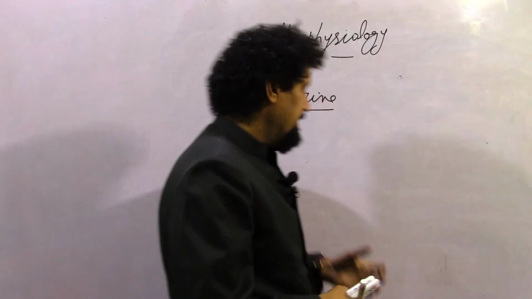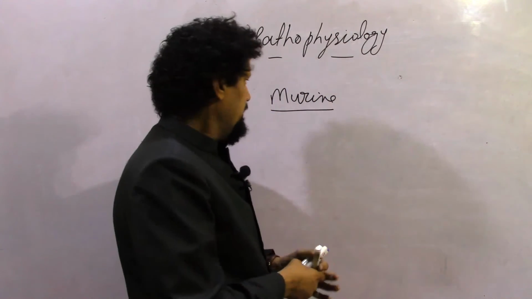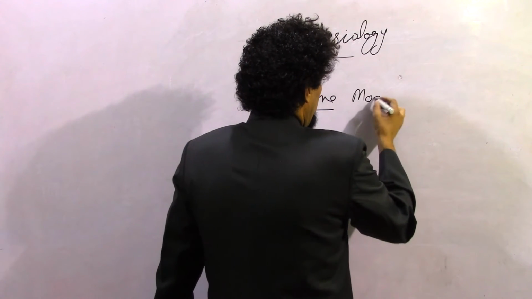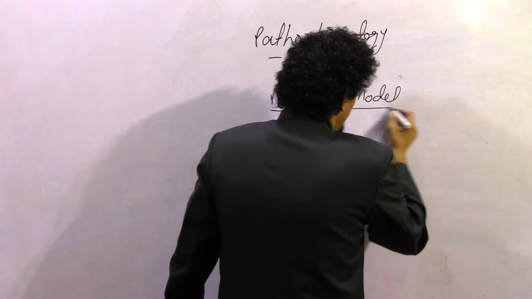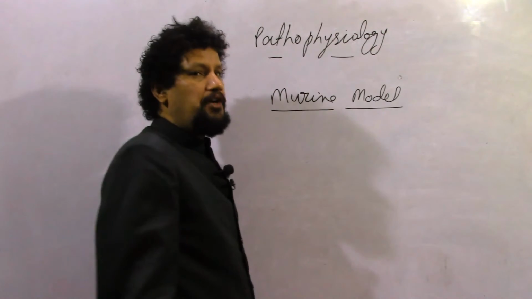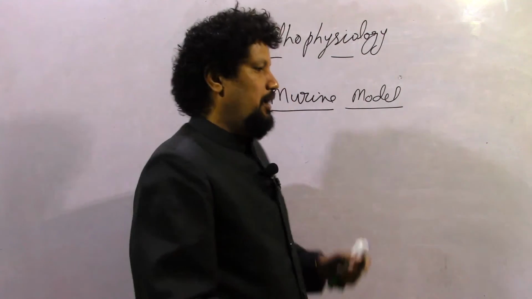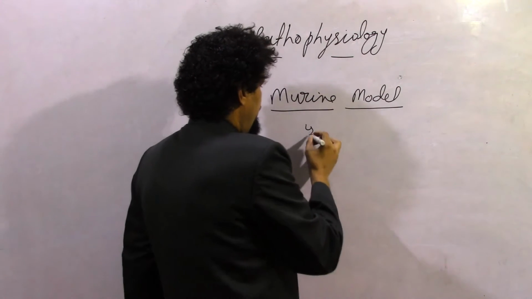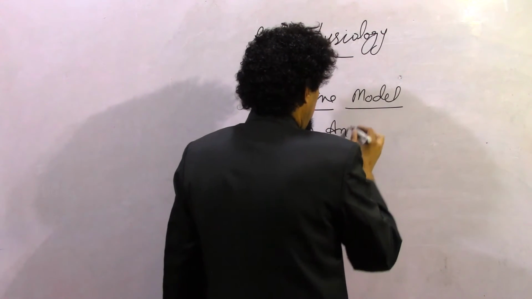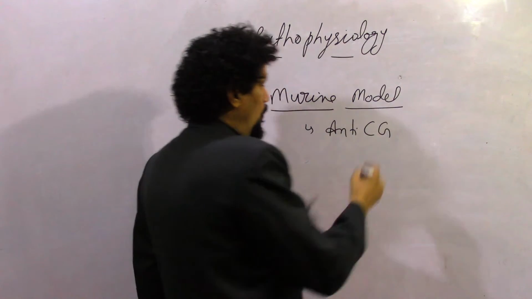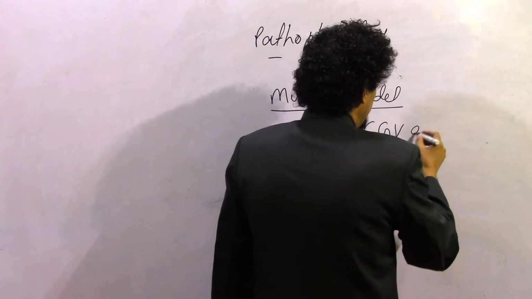According to the murine model, anti-chikungunya virus antibodies have been detected in the blood.